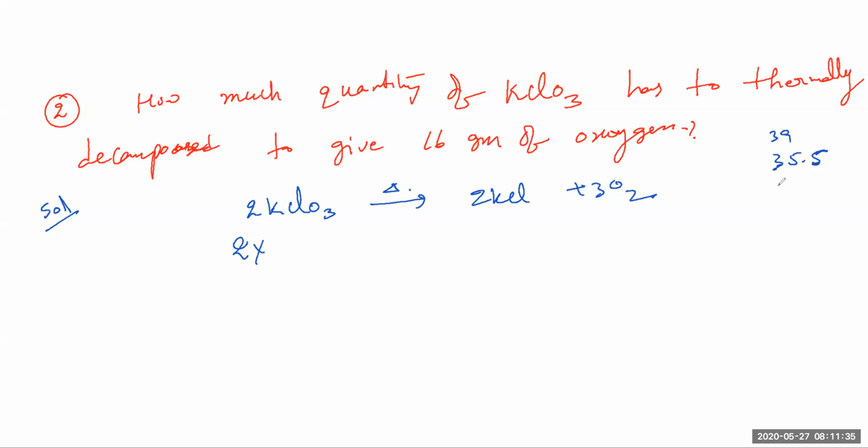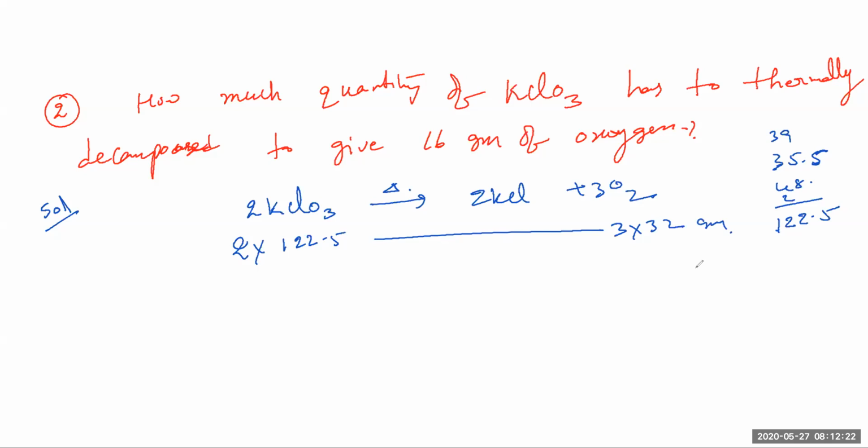That totals 122.5. So 2 into 122.5 grams gives 3 into 32 grams of oxygen.